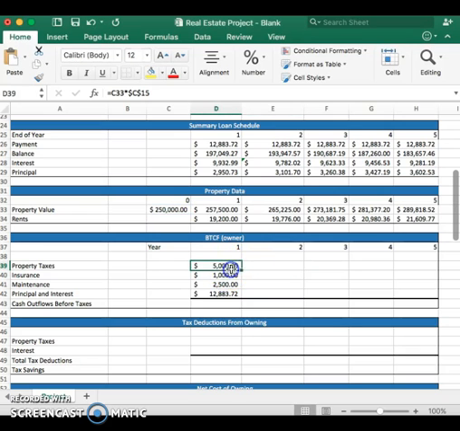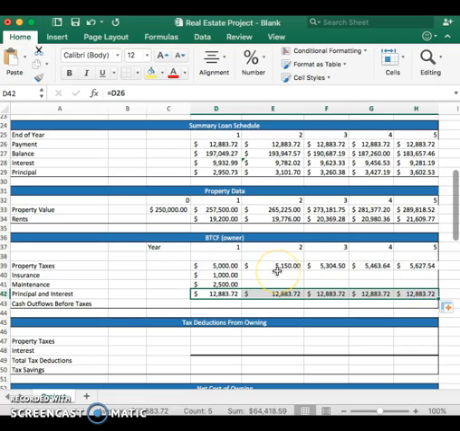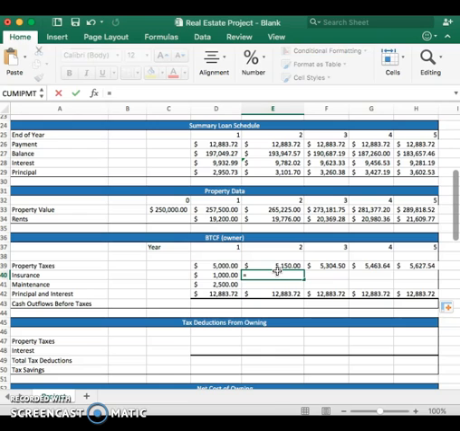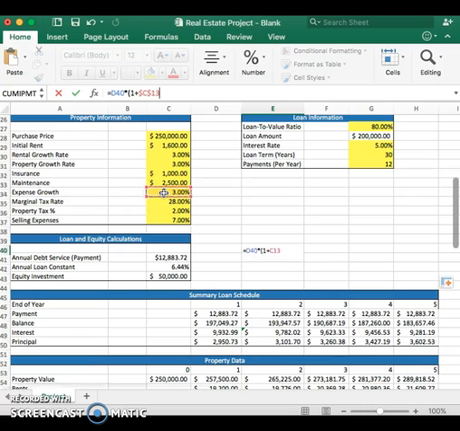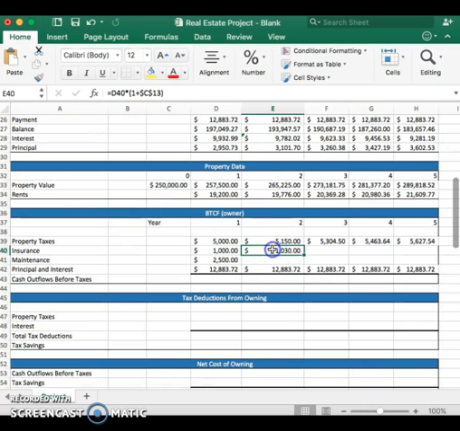Next we'll just have to copy these over. The insurance and maintenance are a little bit different, so we're going to have to take this and multiply it by 1 plus C13, which is the expense growth, and we have to lock that, so that way we can copy that over, and we'll do the same thing for principal and interest.